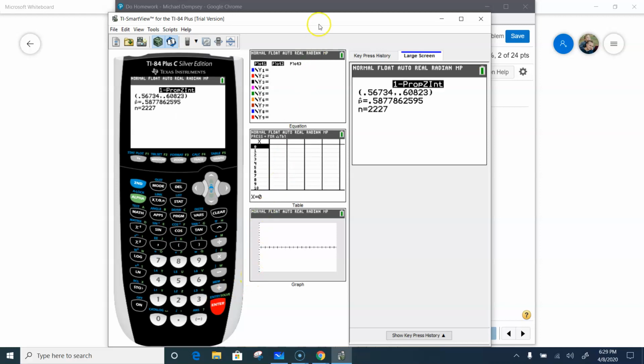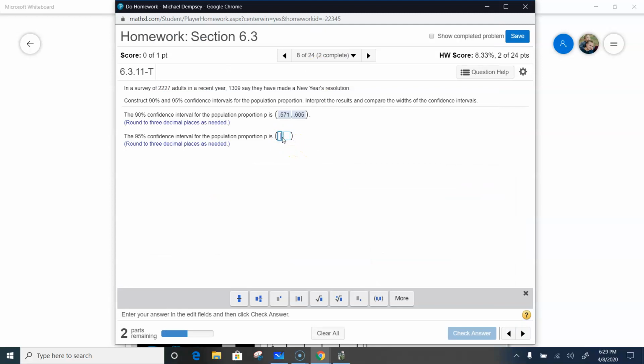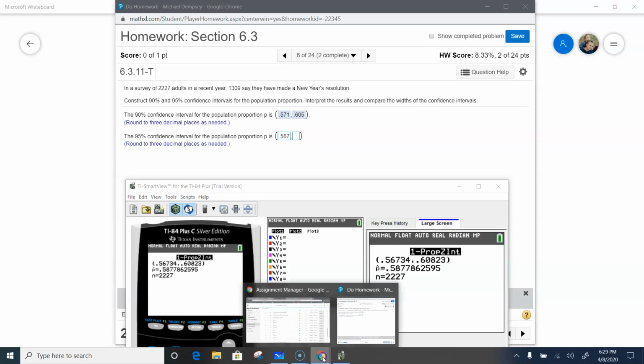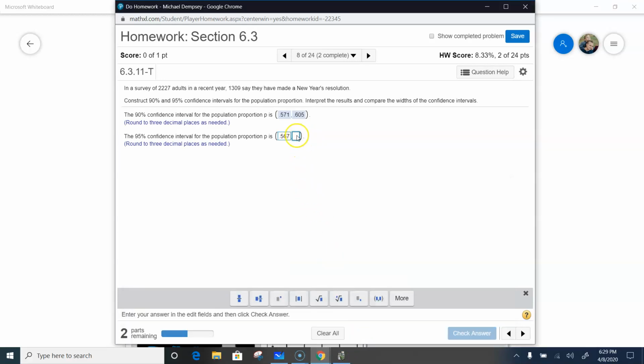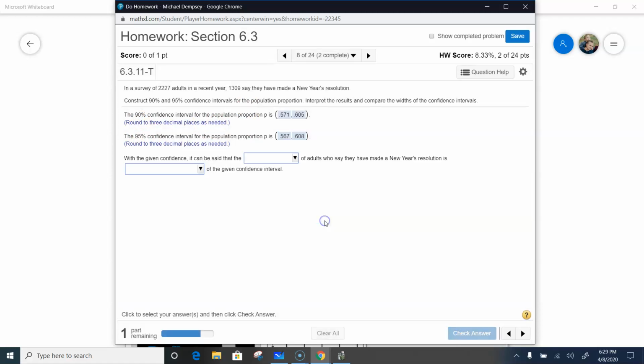So I got 0.567 and 0.608. Okay, so it's worth noting, and we talked about this from the start with confidence intervals, the 95% interval is wider than the 90%, right? We're more confident, so we need a wider interval to cast that inference.